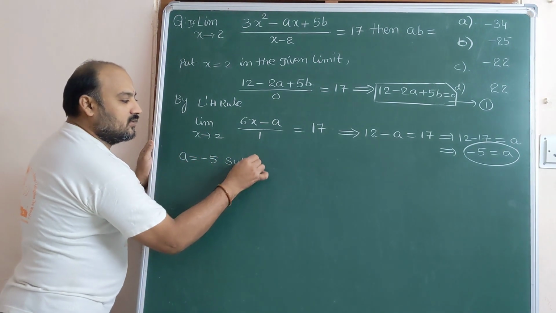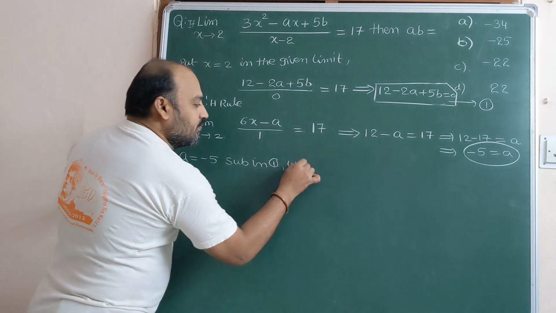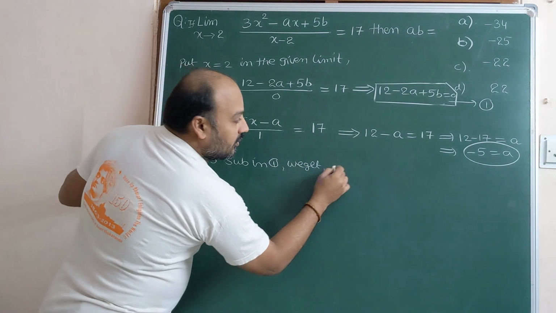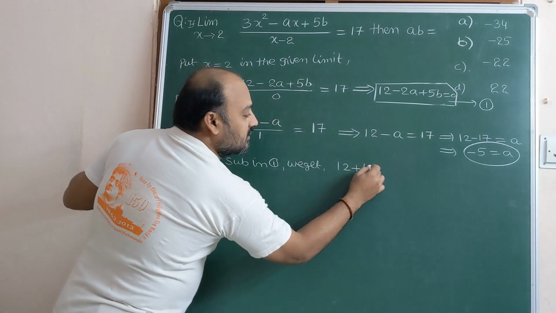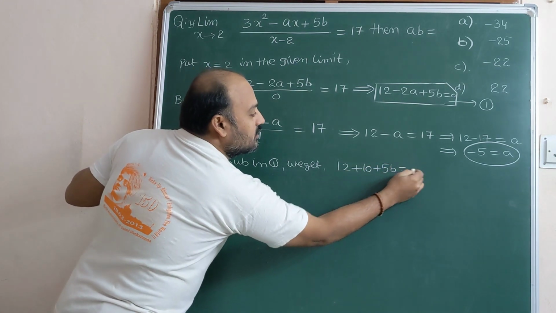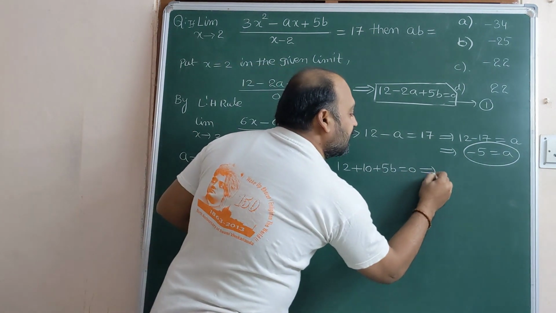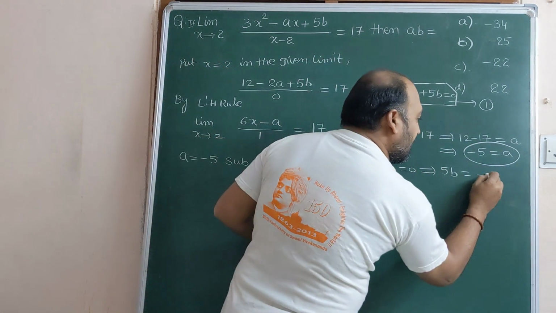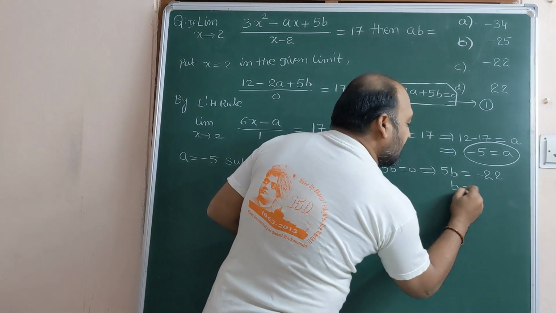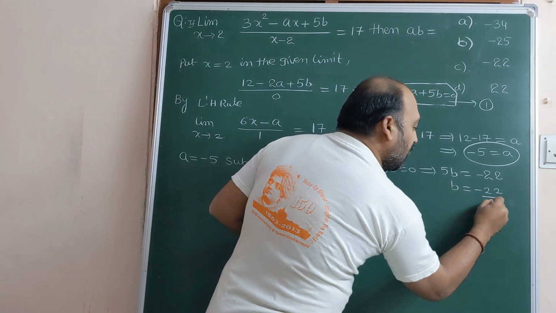Substitute in 1. We get 12 minus 2 into minus 5, plus 10, plus 5b is equal to 0. That implies 5b equal to 10 plus 12, 22. We can take this side, minus 22. So b is equal to minus 22 by 5.